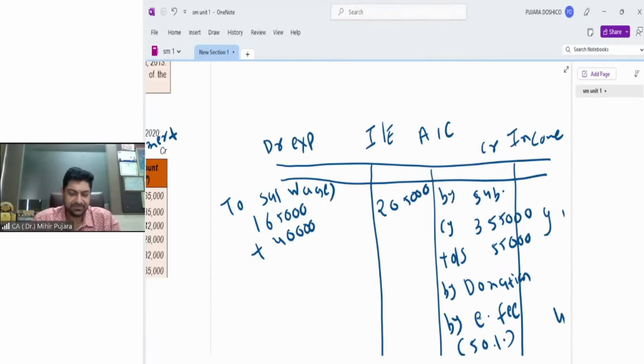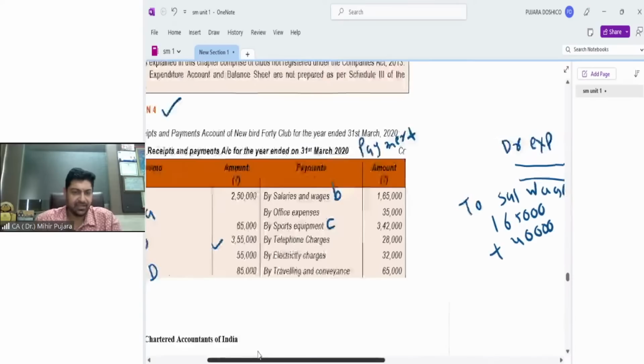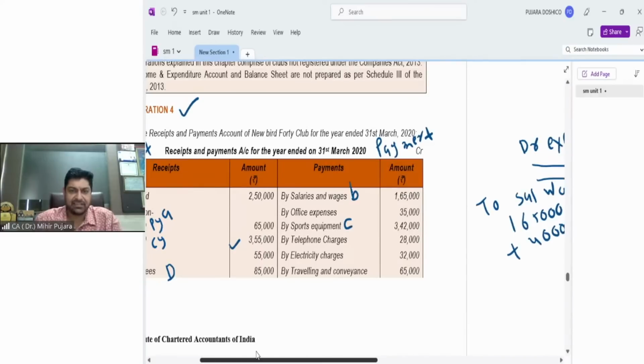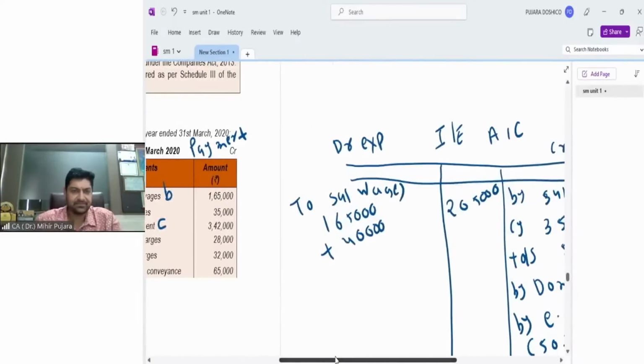Very simple. Okay. Office expenses, no adjustment, 35. No adjustment.